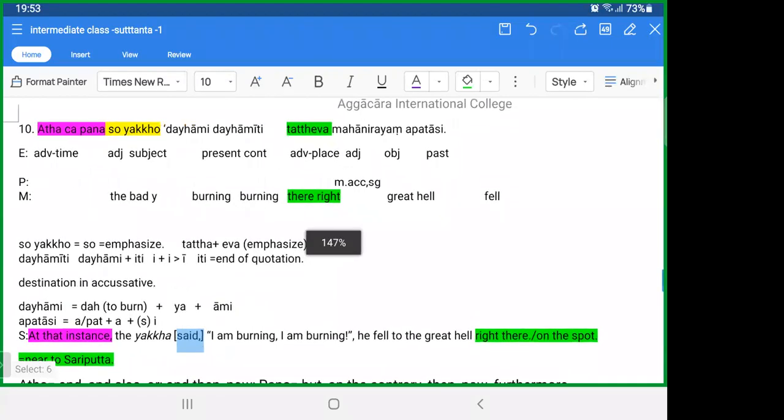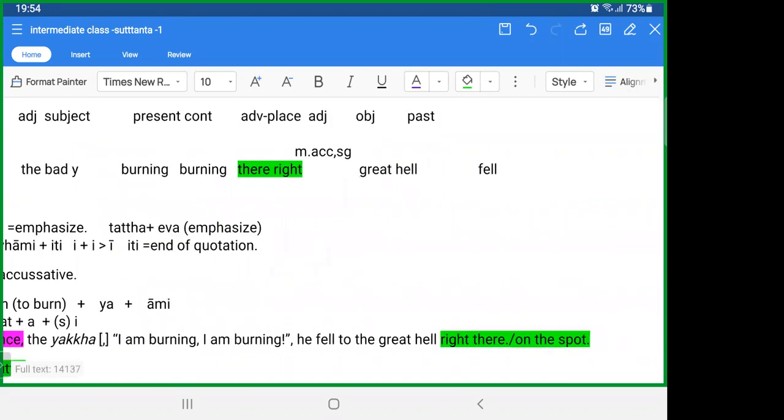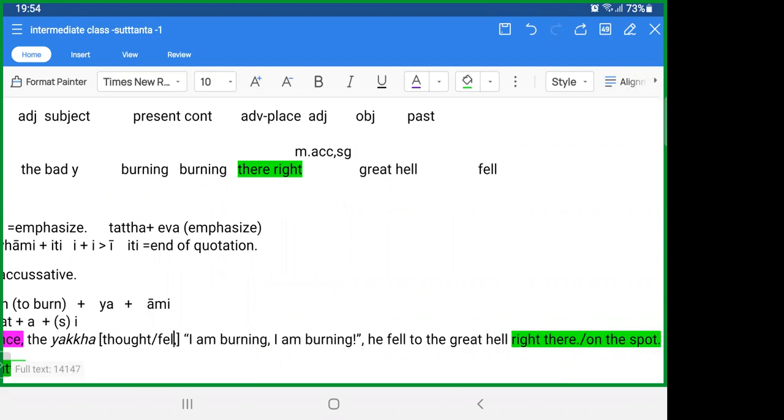This is why I put the bracket here. Actually, this word was not translated in the text. Square brackets mean it's an add-on, no? Because we have iti, which marks the open quotation here, but is it said, or thought, or felt? Well, it's subject to our interpretation.